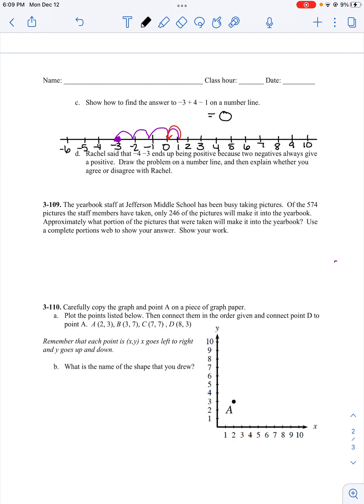Now, Rachel said that -4 minus 3 ends up being positive because 2 negatives always give a positive. So if I still use my number line, okay, and I start at -4.